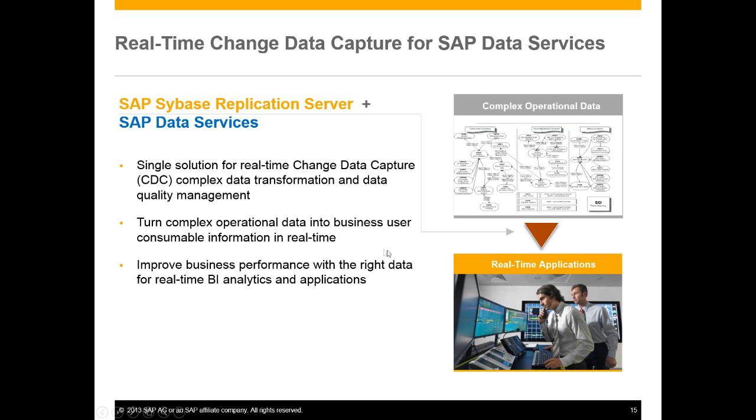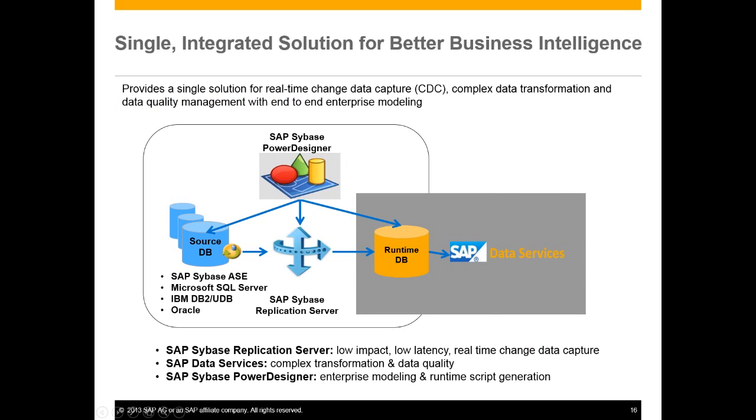Peter, number 16, please. The next slide, number 16, gives you a very high-level architectural view. As I mentioned, this solution leverages the Sybase Replication Server, which provides log-based replication. We replicate the transactional data into the yellow runtime DB. So what is in that runtime DB? First, the runtime DB has an identical schema as your source database plus 2 extra columns.